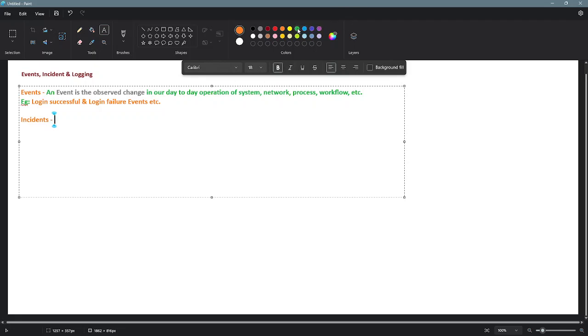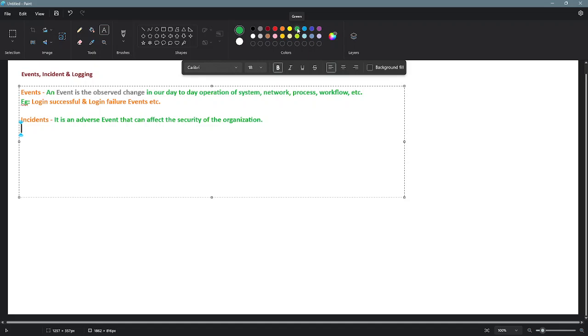After that, what is an incident? An incident is an adverse event that can affect the security of the organization.